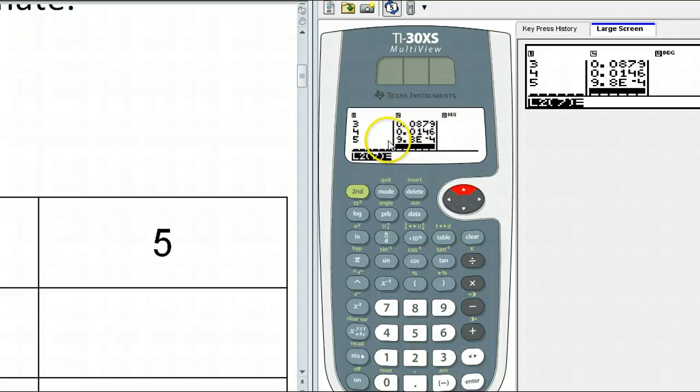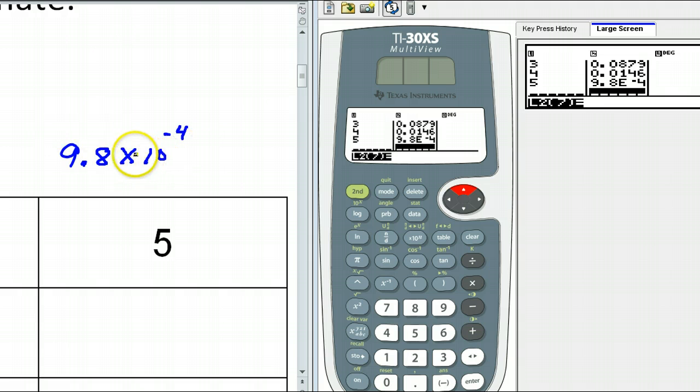Alright, be careful with this fifth one. See how it says 9.8 E negative 4? Alright, that is your calculator's way of doing scientific notation. It's because it's a very small number and it's having trouble fitting everything. So in scientific notation, it means 9.8 times 10 to the negative 4 power.